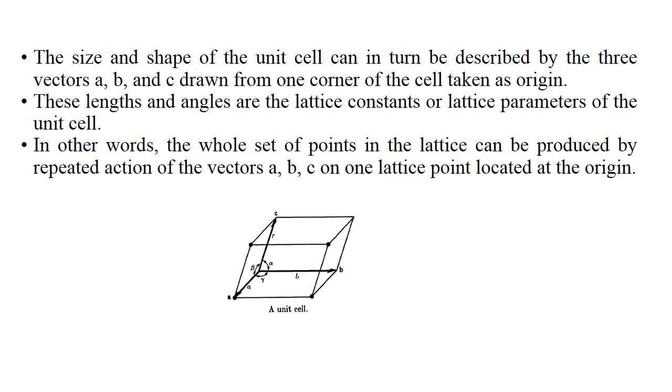Keep in mind that between A and B, the gamma angle will be formed, between B and C, the alpha angle will be formed, and between A and C, the beta angle will be formed.